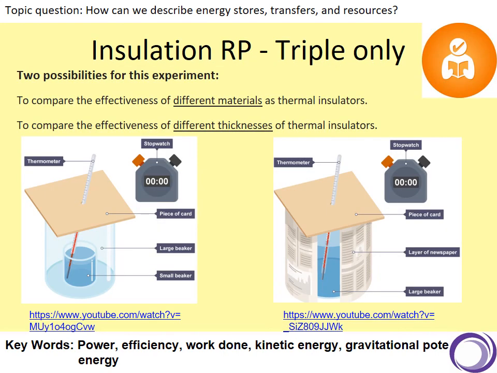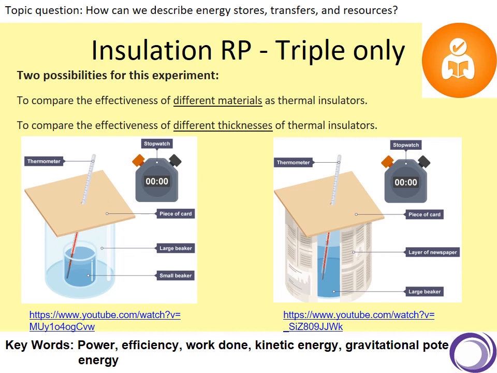So here you have your different diagrams for the exact same practicals that I've just talked about. There are 2 video links there that you could have a look at for each practical to go step by step through how to do the practicals. But the idea is that you will measure your temperature every minute for, let's say, 20 minutes, half an hour. Once you have your results, you would do a graph of your temperature against time.